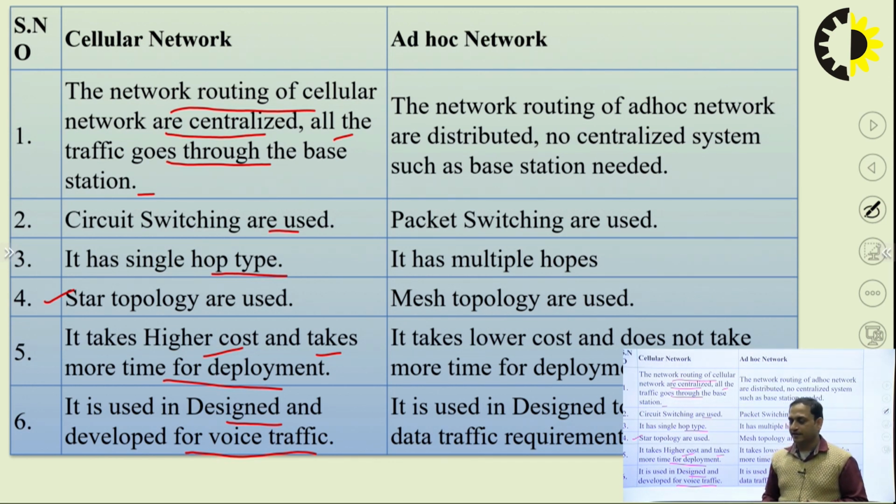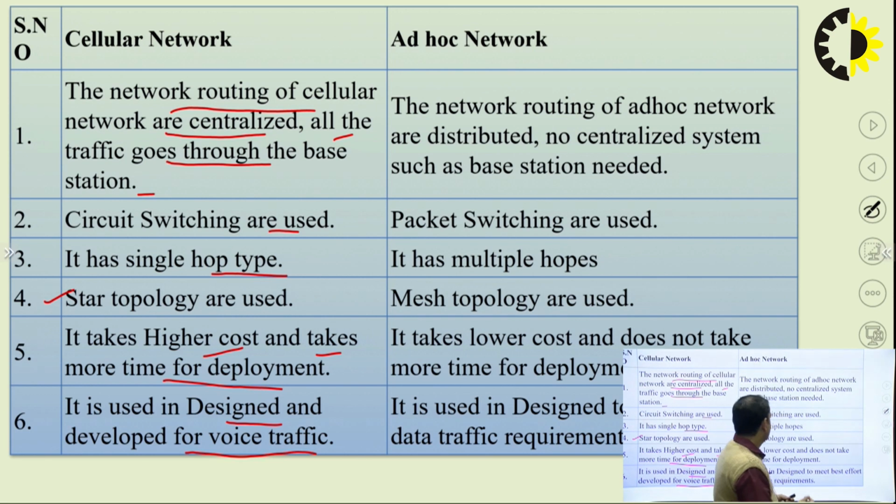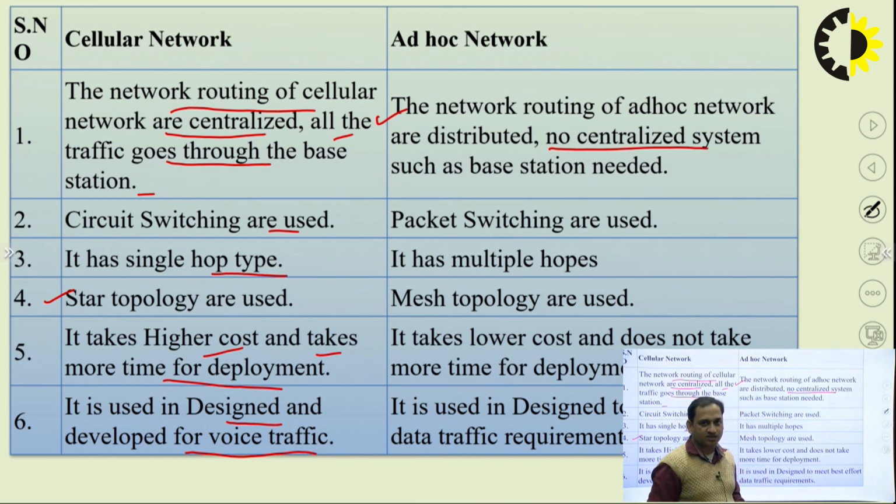In terms of ad hoc networks, these are reconfigurable systems. The network routing of ad hoc networks is distributed in nature. There is no centralized system, just like an access point is not there in the case of ad hoc networks. It is completely dependent on packet-switched networks.